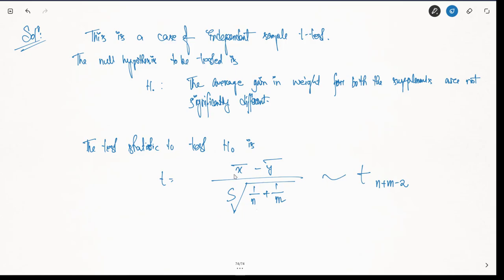Now what is n? N is the number of items in the first sample. M is the number of items associated with y, that means second sample, right? So we will calculate. Now what is S? S is equal to 1 by n plus m minus 2, right? Summation x minus x bar whole square plus y minus y bar whole square, right?